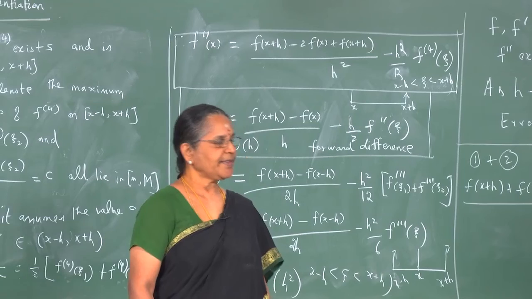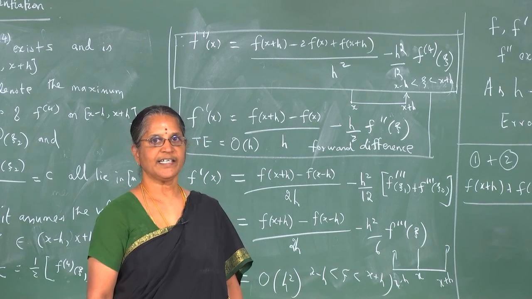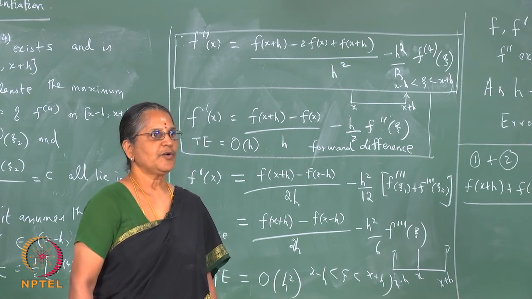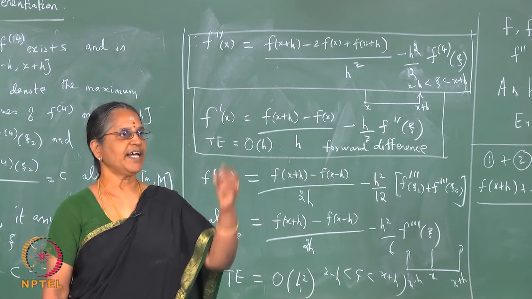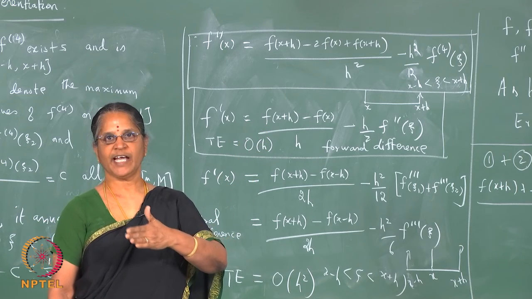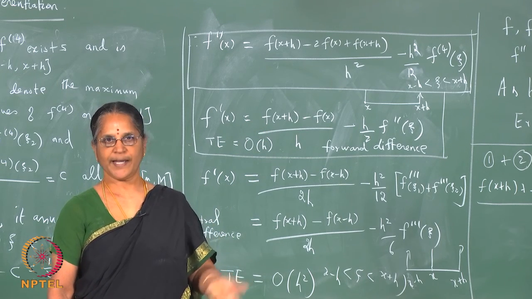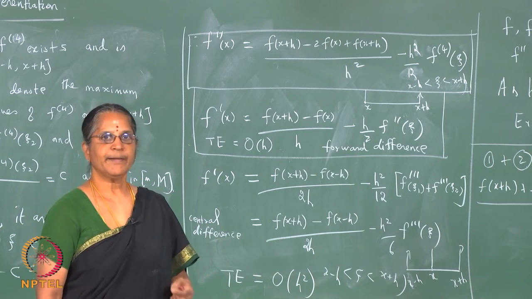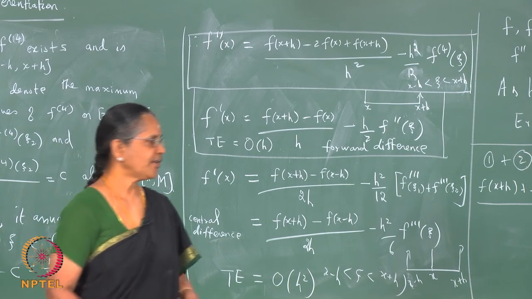So, we shall now consider numerical differentiation methods which can be obtained in case we are given the set of information about f at points which are equally spaced. The method is known as the method of undetermined coefficients.